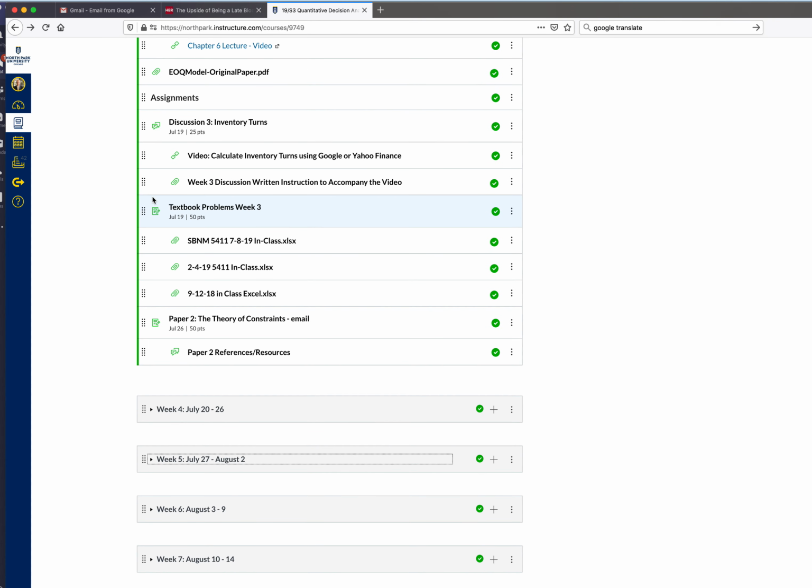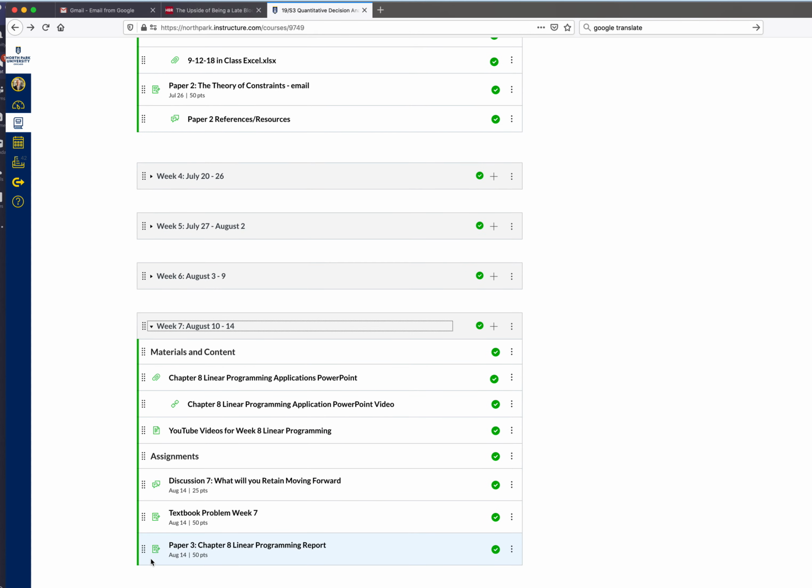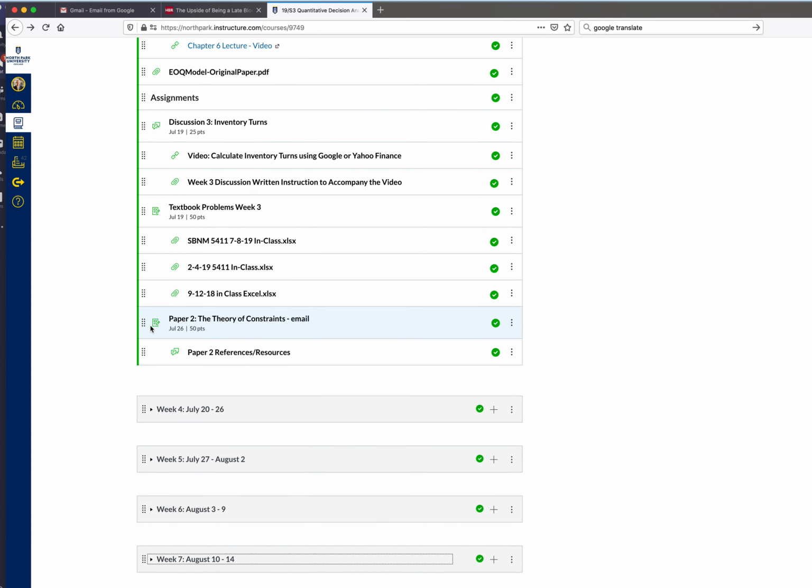The paper for this one is really the last week. It's the report for your linear program, and we'll figure out whether we do a paper or a voiceover PowerPoint presentation to the whole class.